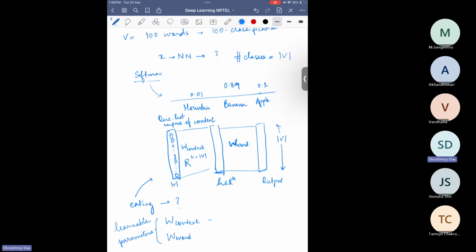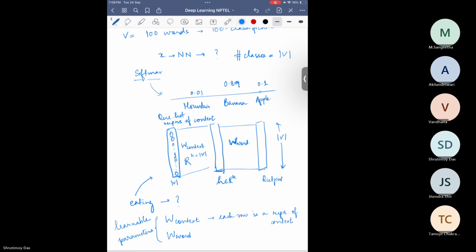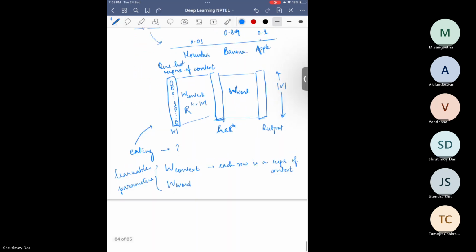Each row here is a representation of the context, and here each row is a representation of the word.